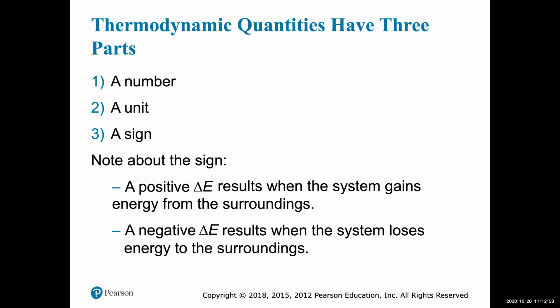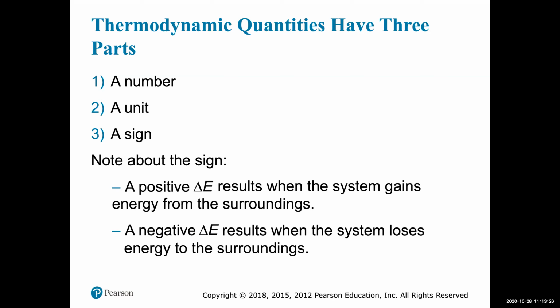When we talk about these thermodynamic quantities, there are 3 parts to it. There's a number and there's a unit, which by now, hopefully, we've gotten used to expressing every time we do a calculation. But the other thing, which is there all the time but is even more important in thermodynamic calculations, is the sign.